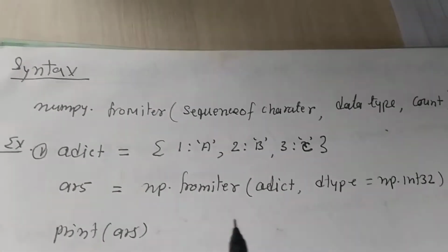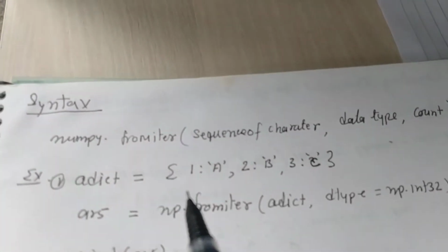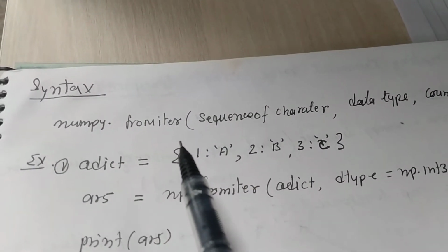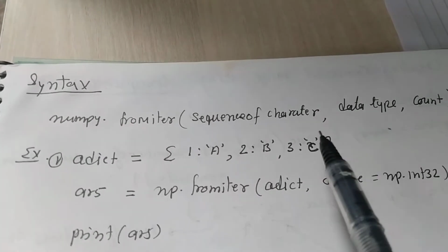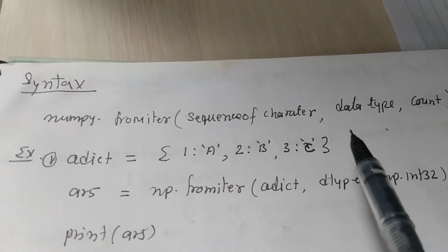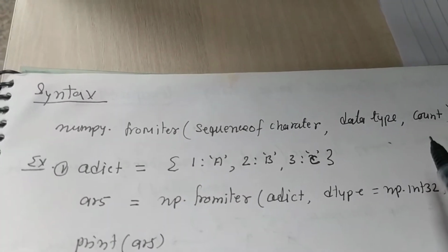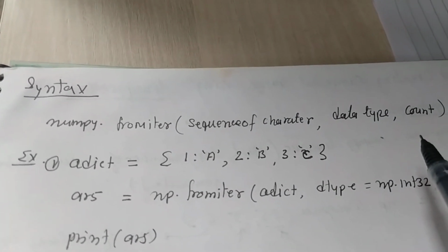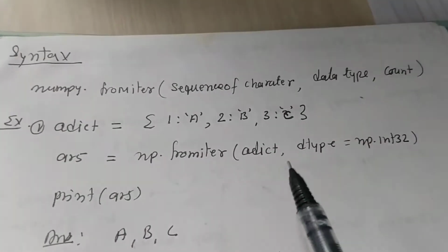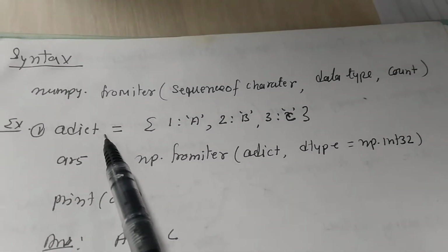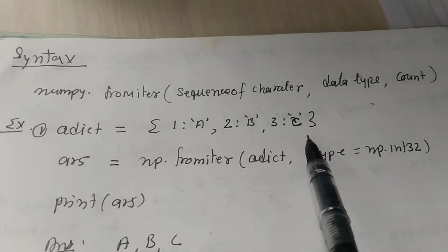Now the syntax of the fromiter function is that first we give numpy dot, then the name of the function, then the sequence of characters with their data type, and the number of characters or numbers. Let's have this example. adict is the variable name, and in this we store a dictionary.